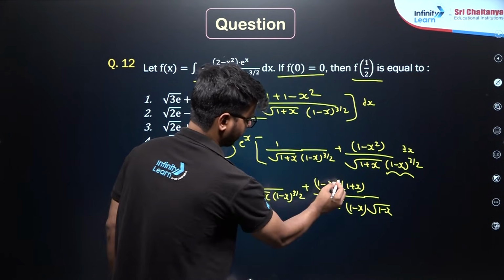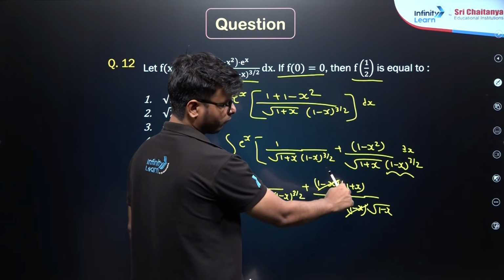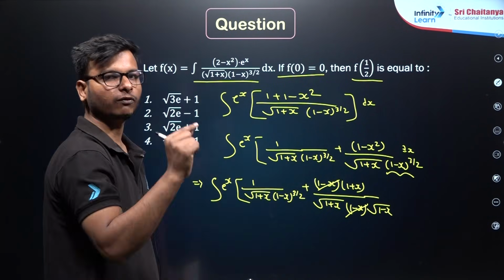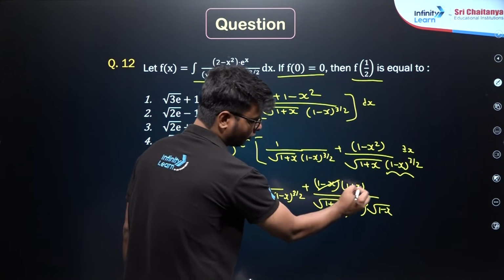Now these two are going to be cancelled, and 1 plus x I can write as under root of 1 plus x times under root of 1 plus x, so here also under root of 1 plus x is going to be cancelled.